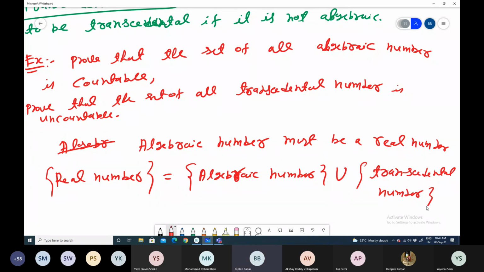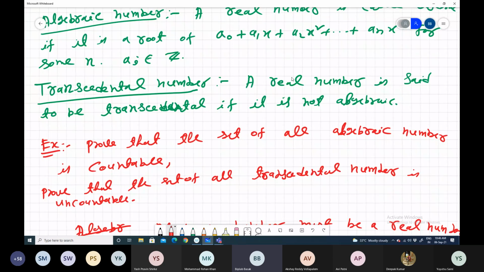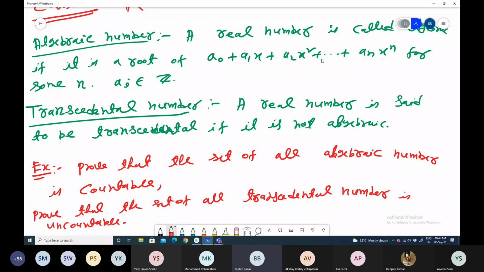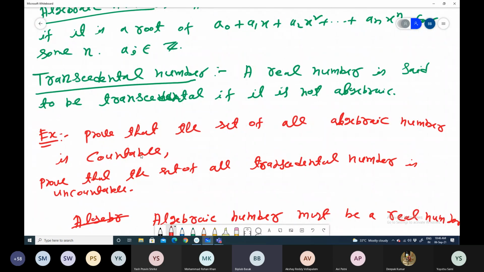By the definition, a real number is algebraic if it is a root of a polynomial where the coefficients come from the integers. So an algebraic number must be a real number, and a real number is either algebraic or transcendental. So if you prove that the set of all algebraic numbers is countable, then automatically you are proving that the set of all transcendental numbers is uncountable.